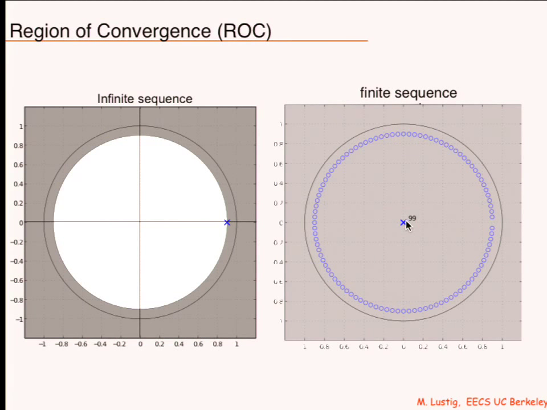So you cannot have z equals 0 there, but everywhere else it will converge, and it will have 99 zeros distributed along kind of the same radius. There should have been a pole here, but it just canceled with a 0. So it's kind of interesting.